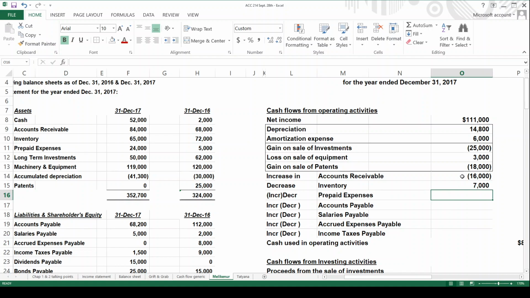That's an increase of 19. Prepays. If we had supplies, we would factor that in as well. We don't have supplies. Okay. So there's our current assets. These we went what? In the opposite direction of the change.